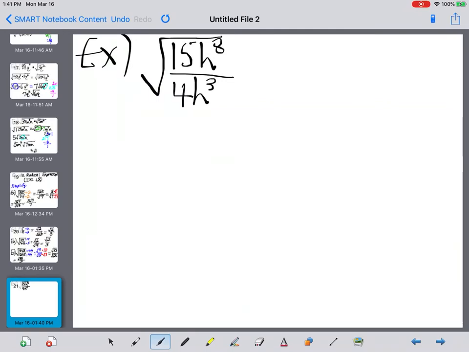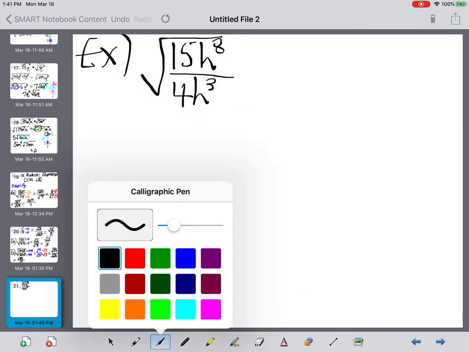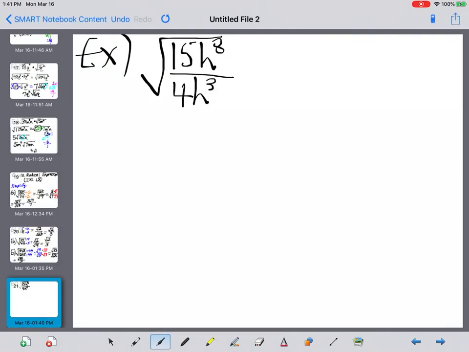All right, so first things first, 15 and 4, can't simplify those. So can't really do anything there. But since I'm dividing, I can subtract the exponents. So 8 minus 3 gives me 5. So I can do that. Hold on, I'm trying to figure out how I want to show this. So this will be the square root of 15h.